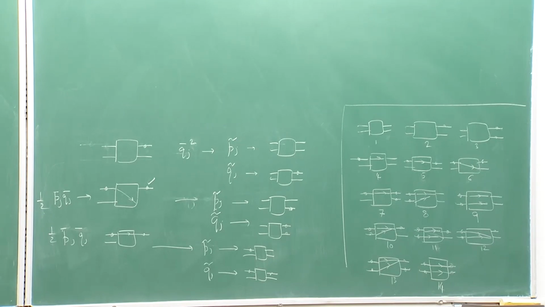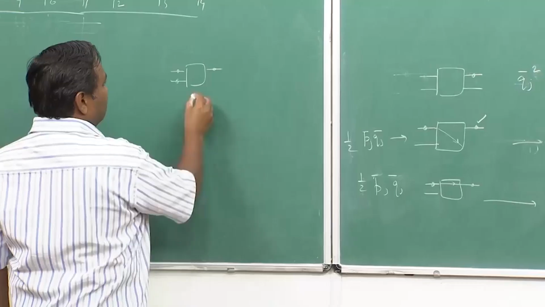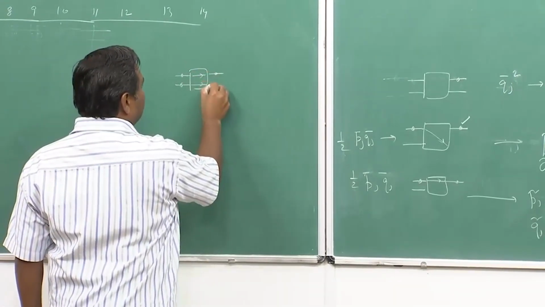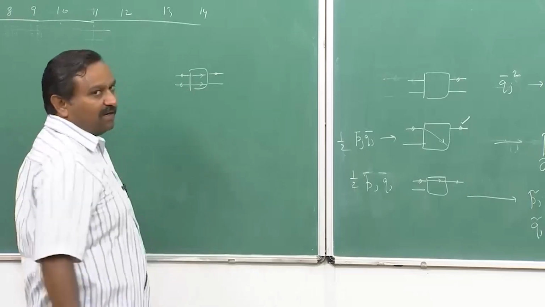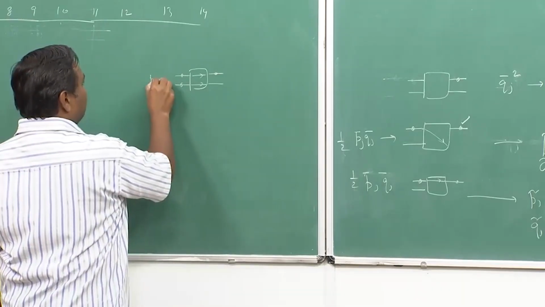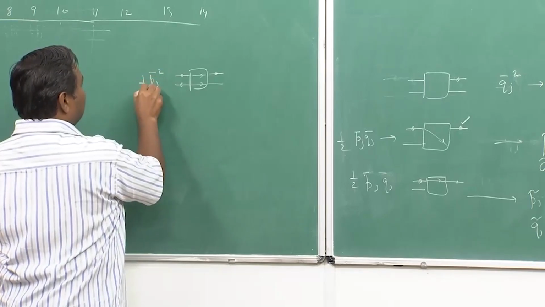If both the packets are coming, I am enumerating all possible cases. They both can be directed to different ports, so cross and bar does not matter. This will happen with probability Pj bar half.